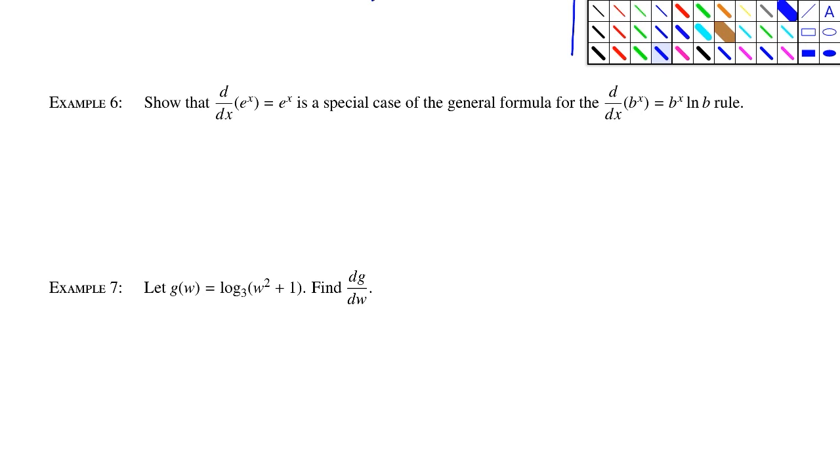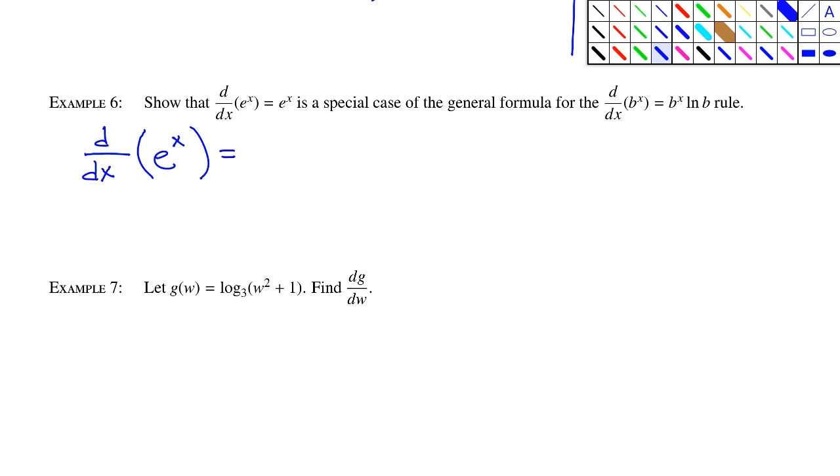Example number 6. Show that the derivative of e to the x is equal to e to the x is a special case of the general formula for the derivative of b to the x equals b to the x natural log of b rule. All right, so this sort of shows that e to the x really is sort of the special case that works out the nicest way possible. So I'm going to take the derivative of e to the x, but I'm not going to use the fact that it is e to the x already. I'm going to ignore that for a moment.